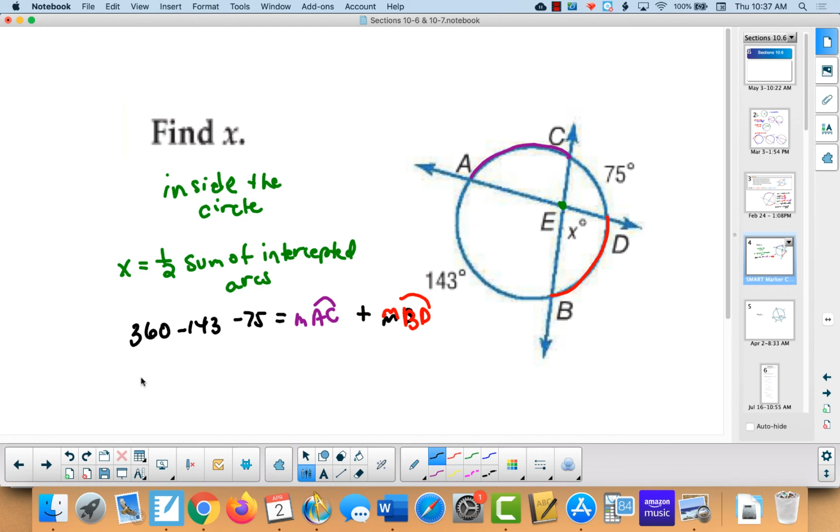And since X is equal to 1/2 the sum of those two intercepted arcs, once I find that sum, I can just divide that by 2 to get what X is. So 360 minus 143 minus 75 is equal to 142.